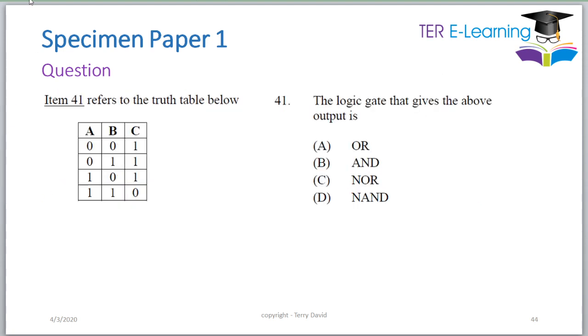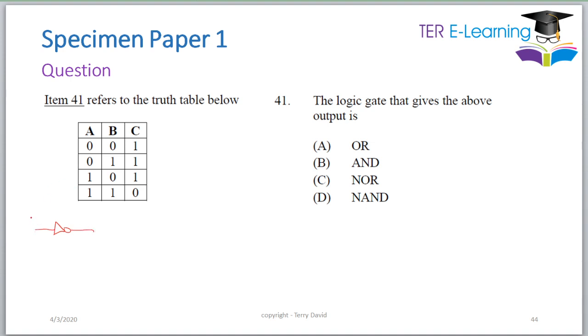Now let's look at number 41. They've given us a truth table for some logic gate, and we want to know what that truth table represents. So there are some truth tables you need to remember and some diagrams. The easiest one is what we call a NOT gate.